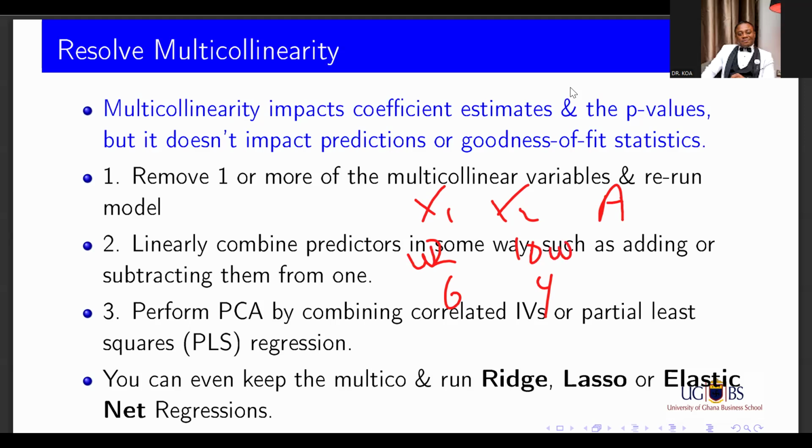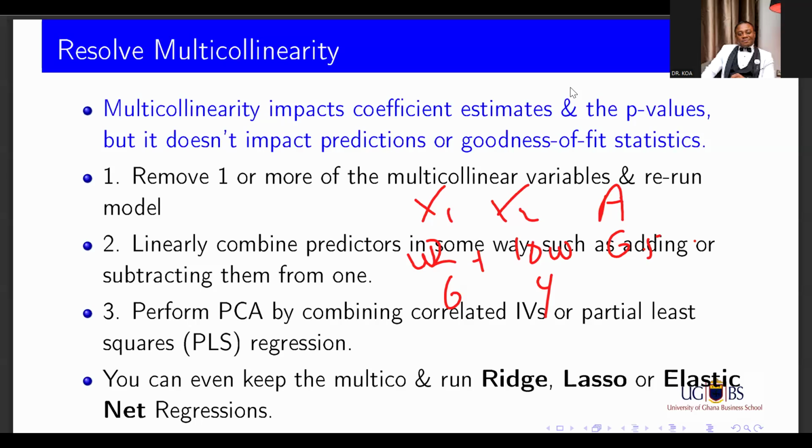These weights are the loadings. Then you add them together with their weights, and now you get a new variable, say 6.5. It is this 6.5 you are now going to use as a new independent variable and come out with a new regression model. That means you have combined them and used it. Sometimes you use something called partial least squares.